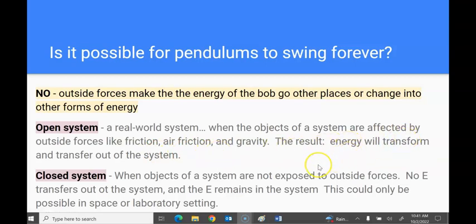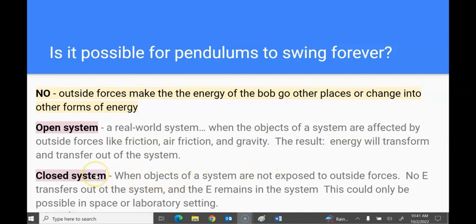In space, you might be able to get a pendulum to swing for quite a bit of time because of the fact that there's no friction. There's no air friction to slow it down. However, in different places throughout the universe, depending on what star you're near, you can experience gravity, so that could influence the behavior of the pendulum.